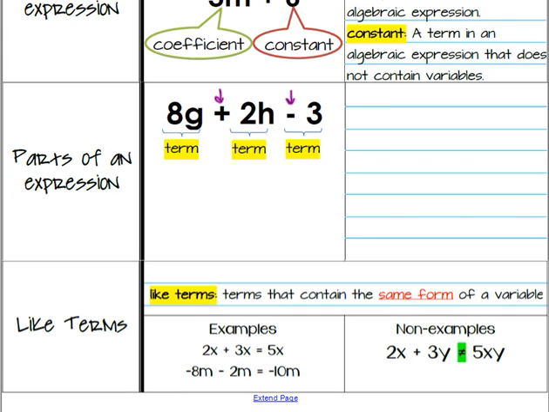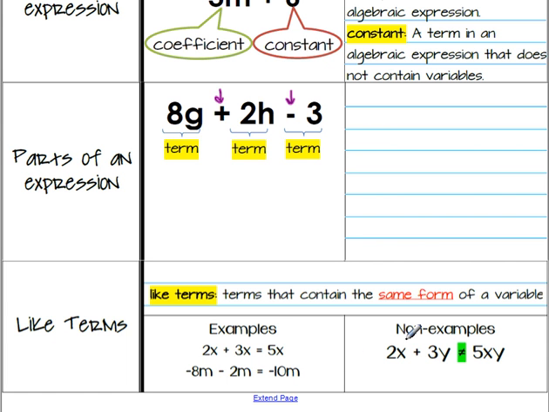Like terms are defined as terms that contain the same form of a variable. So some examples we can see here, if we have 2x plus 3x, we can combine those because our like terms are x. So that would give us 5x. If we have negative 8m minus 2m, these are also like terms and can be combined to negative 10m.